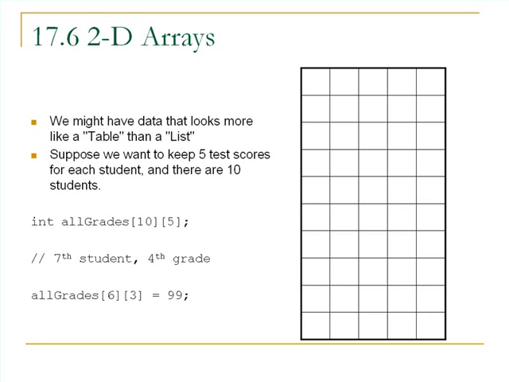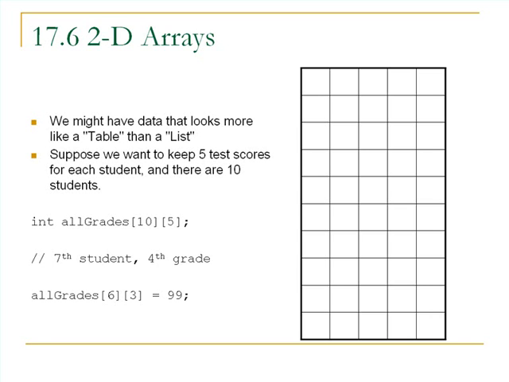So we might think of this as the rows representing students and the columns representing grades. So if you had 5 different grades, your row in this table would contain all of your grades.